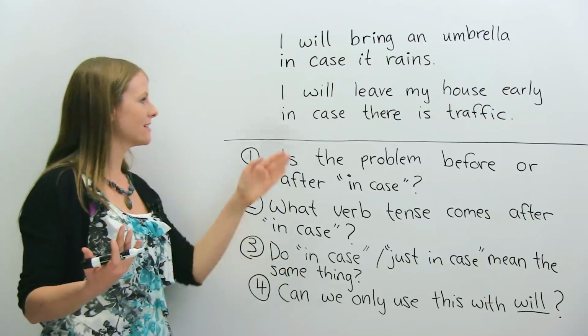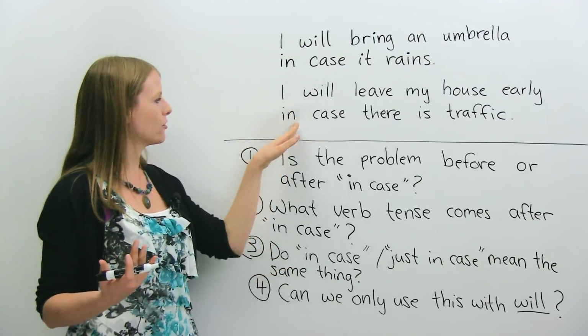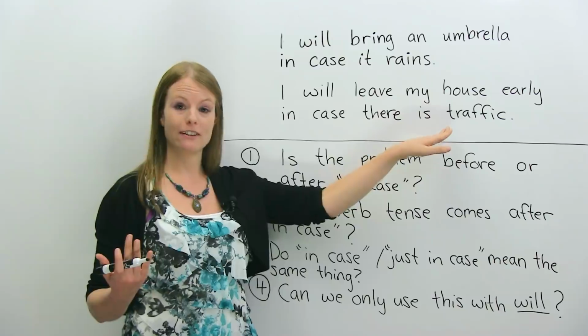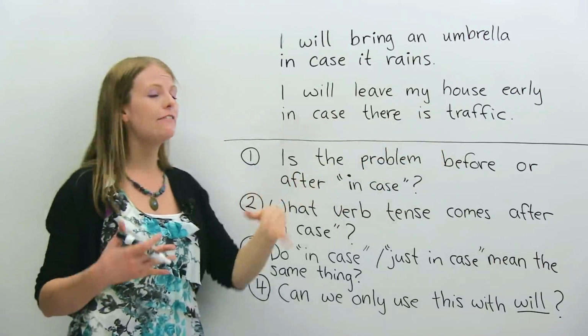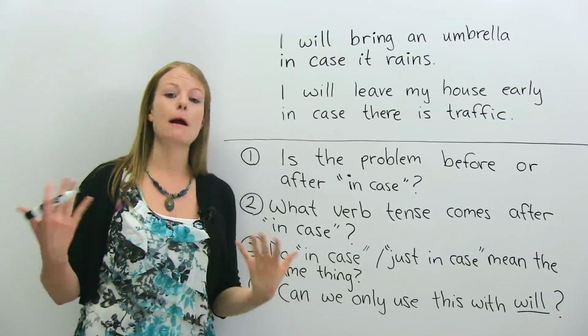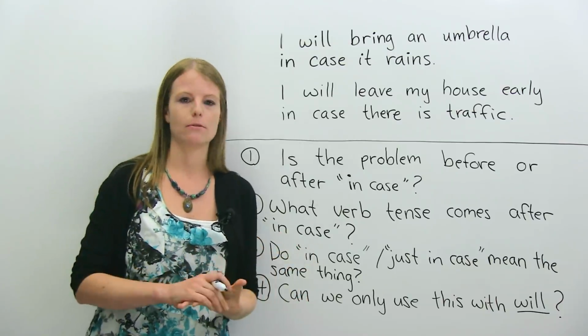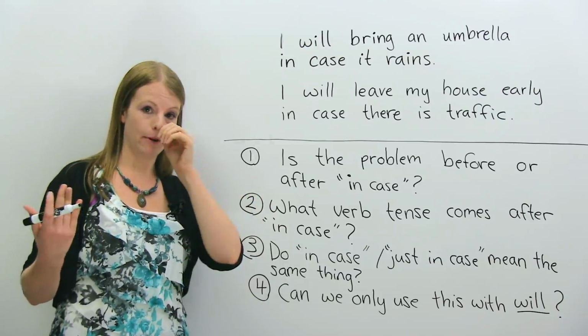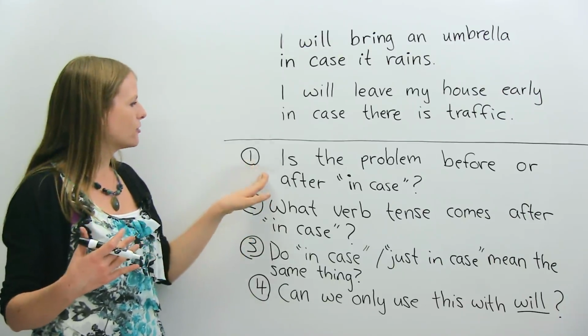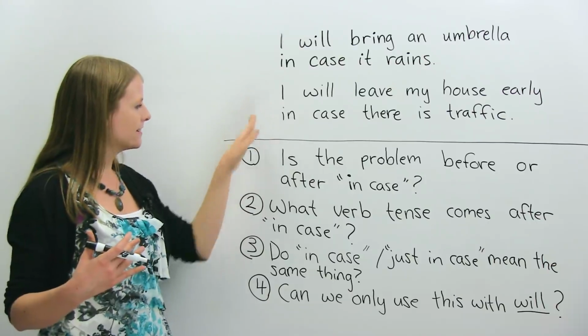I have another sentence. I will leave my house early in case there is traffic. So again, traffic is the problem, and leaving my house early is the preparation or the prevention of a problem. So I have a couple of questions for you about the grammar, okay? I want you to look at both of these sentences.